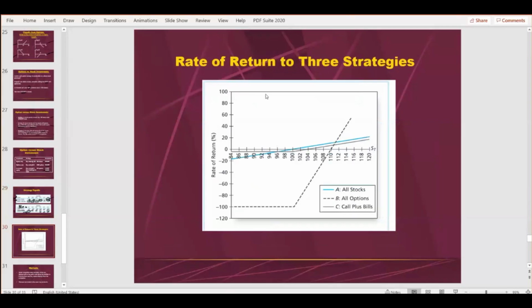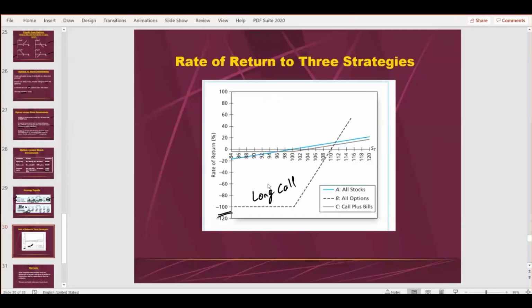What will happen with those three positions? And here I'm going only till a price of $84 as the lowest price in this graph. But mainly you can see that there's more risk when I talk about the long call. So with the long call, I can move from a loss of minus 100% to a profit.